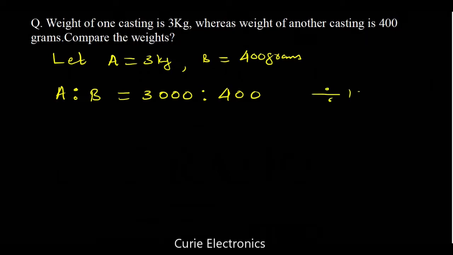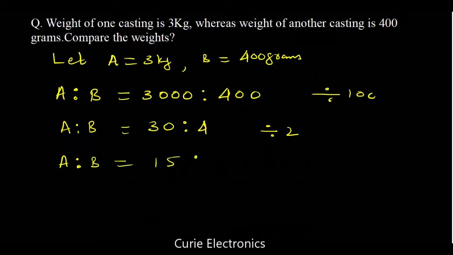Divide by 100 to reduce to a simple form. So we get 30 is to 4. Again, if you divide by 2, what do you get? A is to B equals 15 is to 2. So 15 is to 2 is the answer.